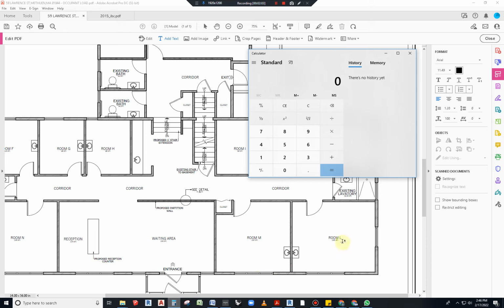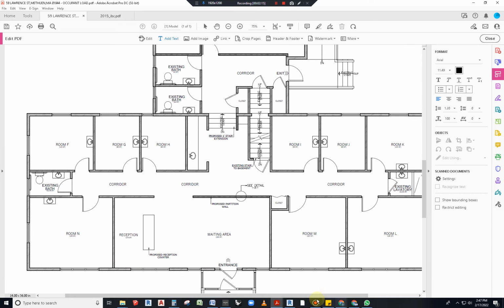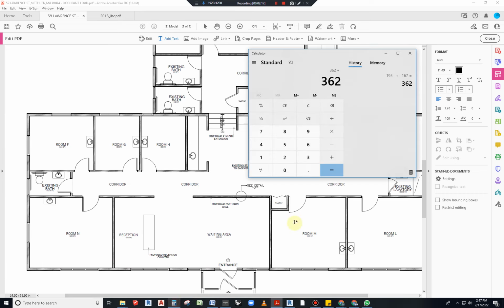I'm going to start with room L, that's 195 square feet, plus 167, plus room N, which is 195, plus room F 115, plus room G 80, plus 80. I'm going to do the bathroom as part of the business use too, plus 33.